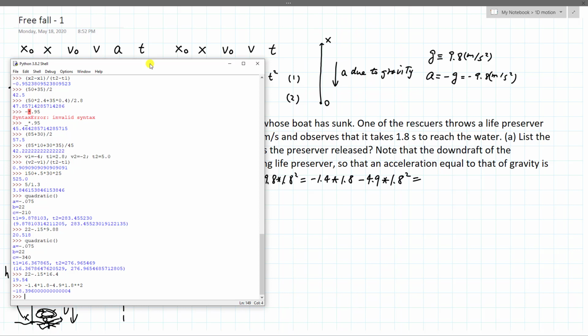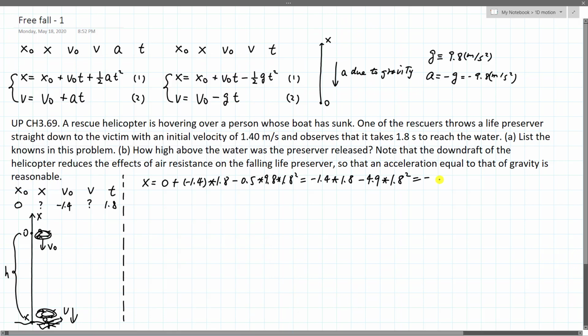So we'll actually round it to minus 18. Minus 18 meters. So basically the height is the absolute value of x, which is 18 meters. All right, so that is how high above the water it is, 18 meters.